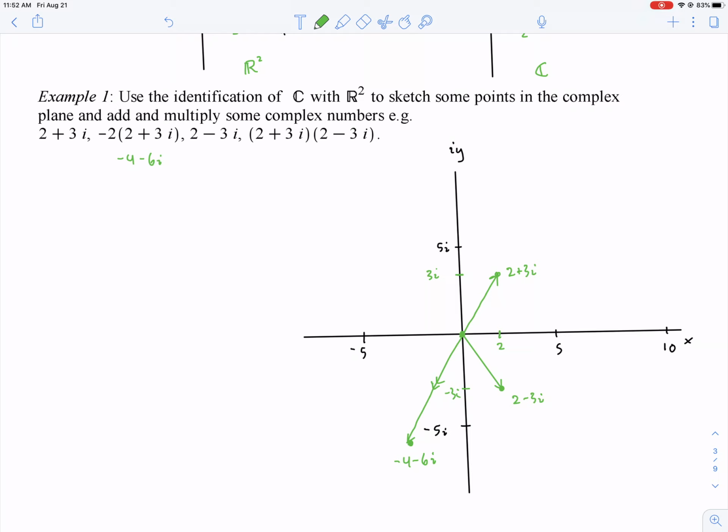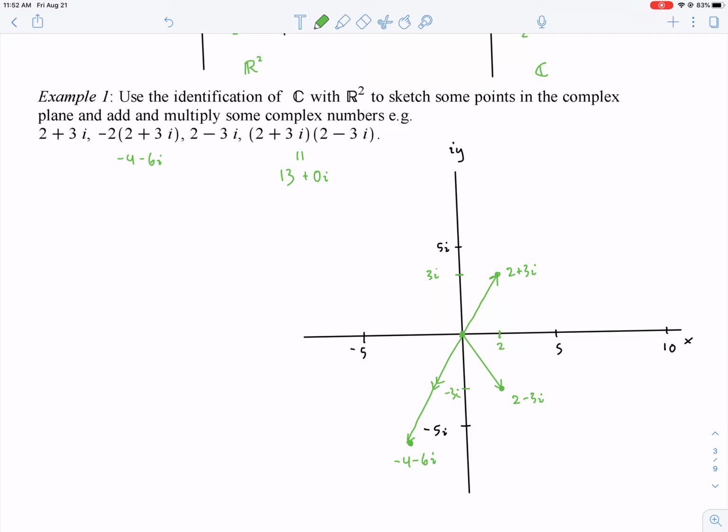Now, if I do 2 plus 3i times 2 minus 3i, for the real part I'll get 4, and then I'll have -9i squared, which is +9, so I'll get 13. And the imaginary parts cancel. I'll get 6i minus 6i.